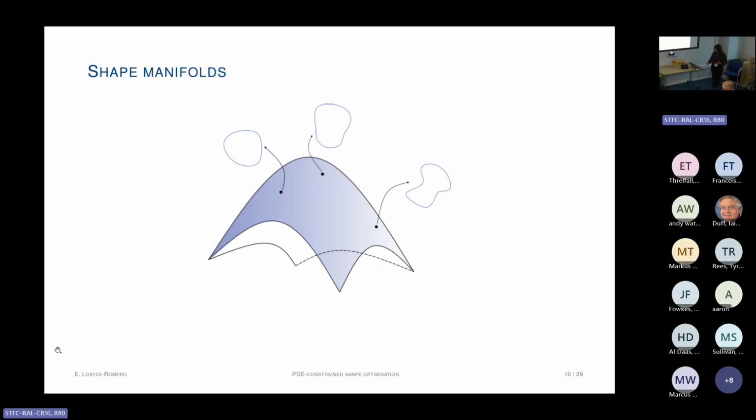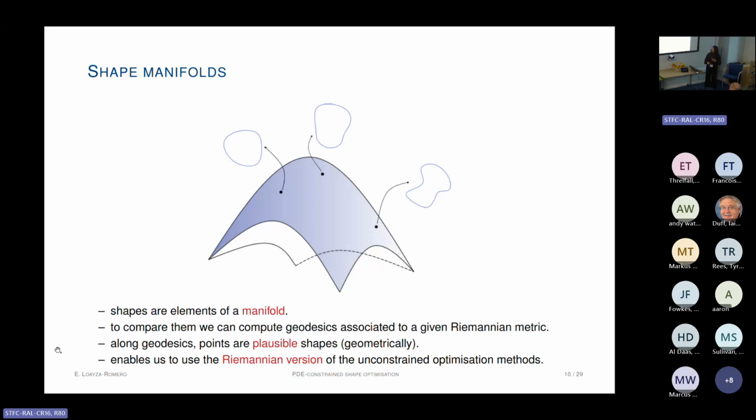So the idea is that when we are able to walk within this space, this manifold, we can assure that the shapes are going to be exactly the way we want them to be, or we choose them to be.